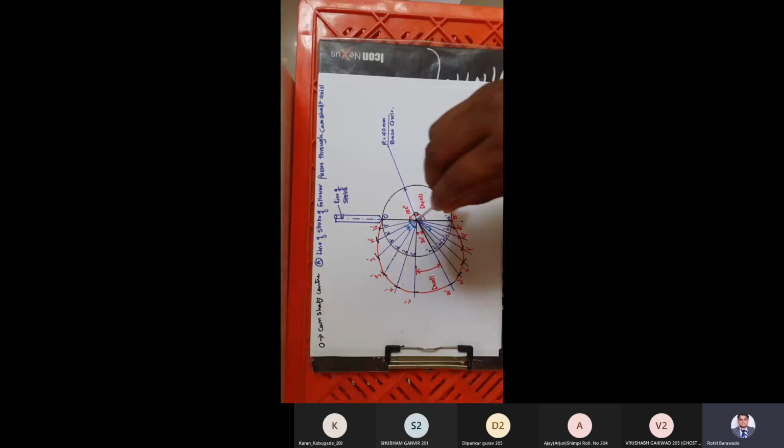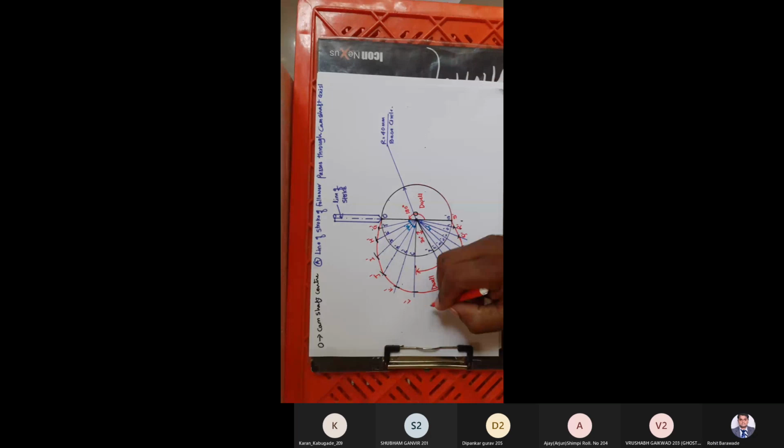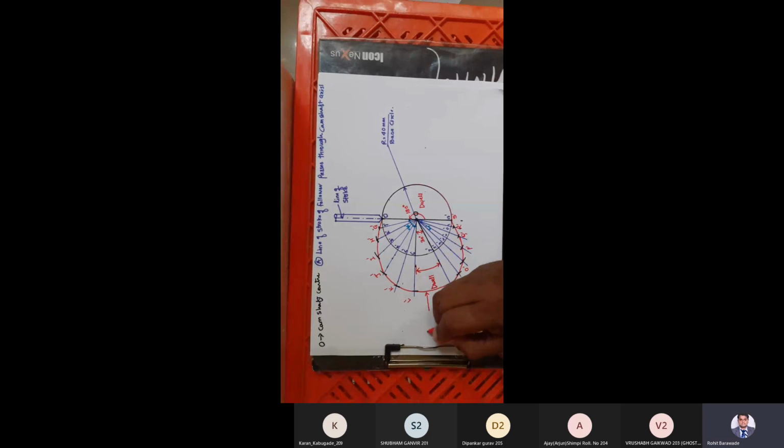So this whole red color shows the cam profile. Okay, so at the last you also have to write cam profile. So like this, our cam profile is completed.